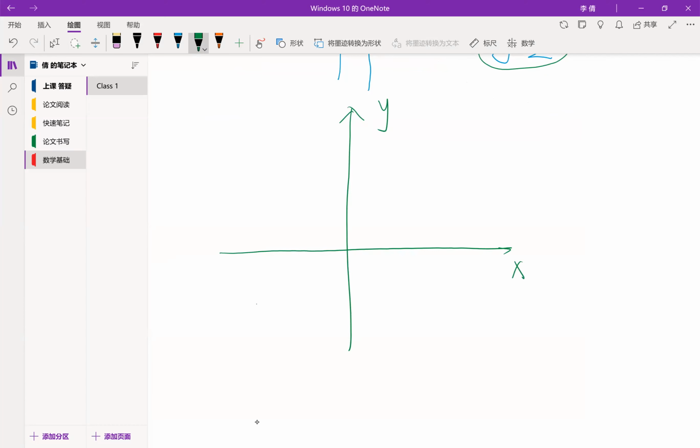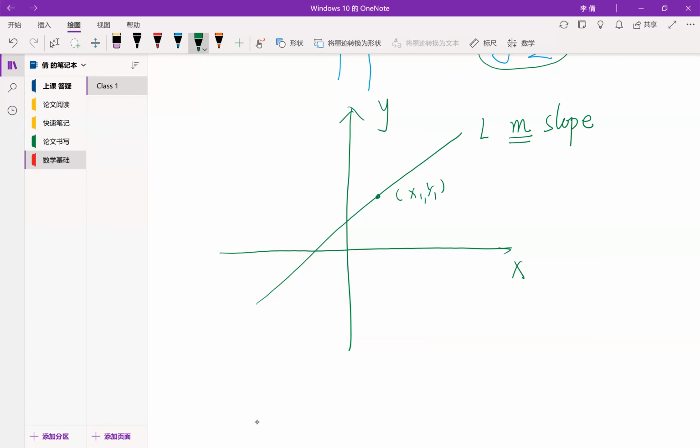There is a line L, and this L passes through the point (x sub 1, y sub 1), and the slope of this line is equal to m.